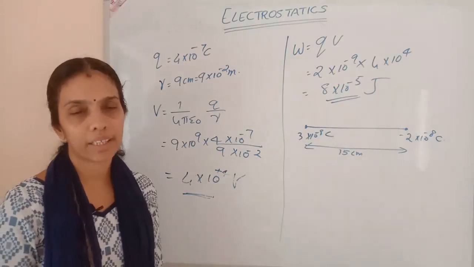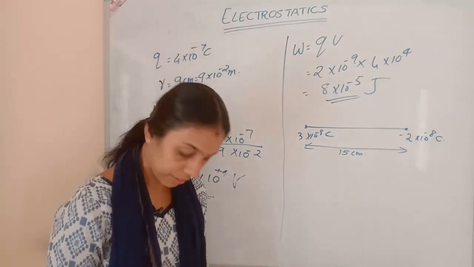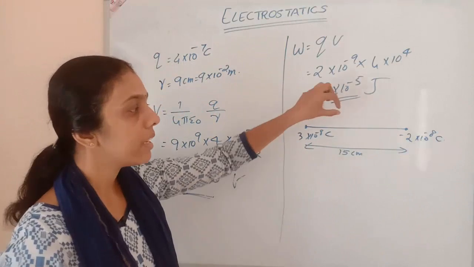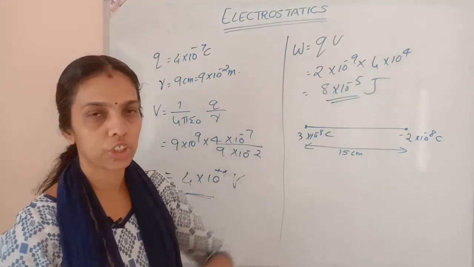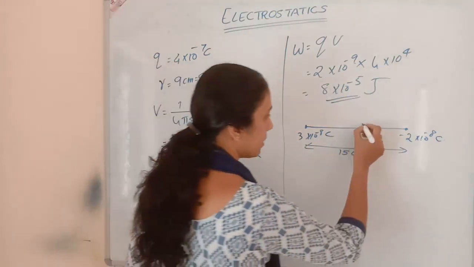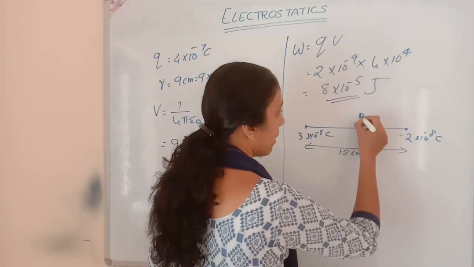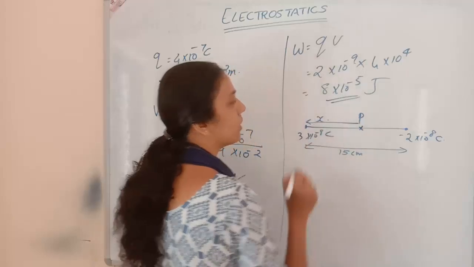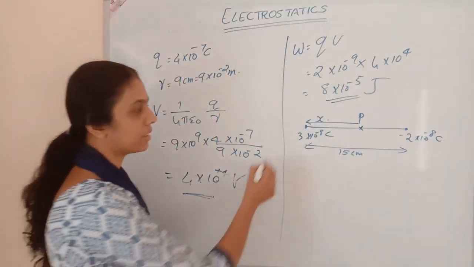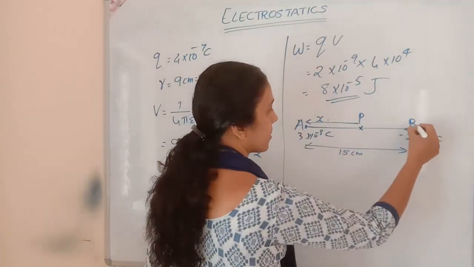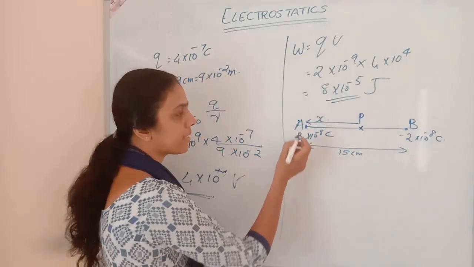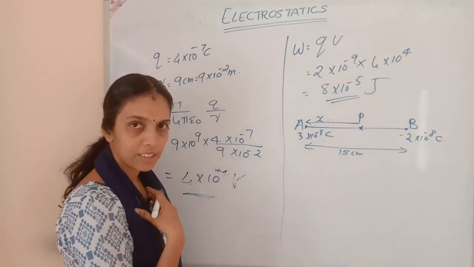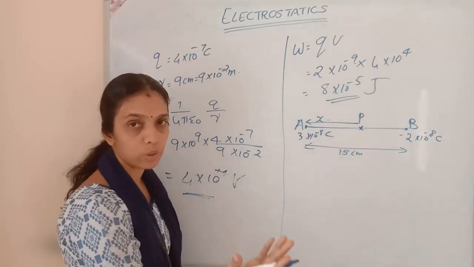So how can we find this? I am considering a point P at a distance x from the first charge. This is A and this is B. I am considering a point P where I expect the potential to be equal to 0.